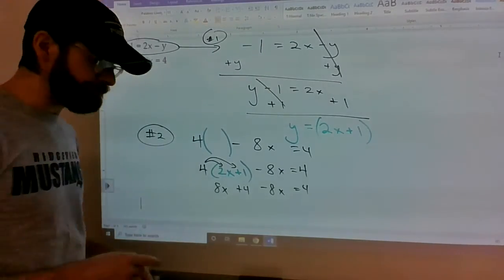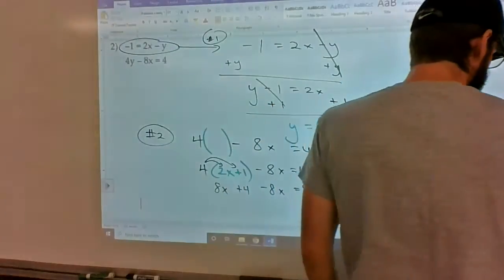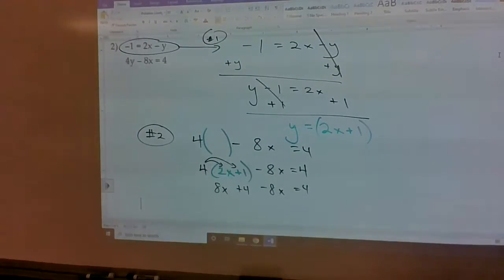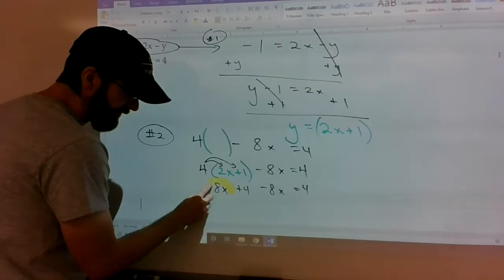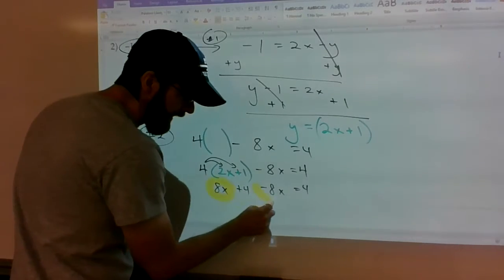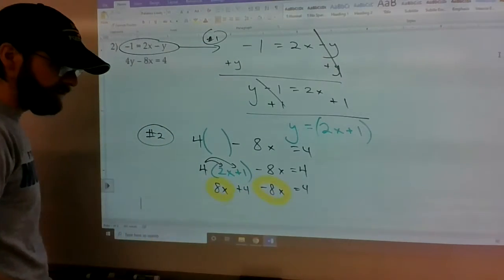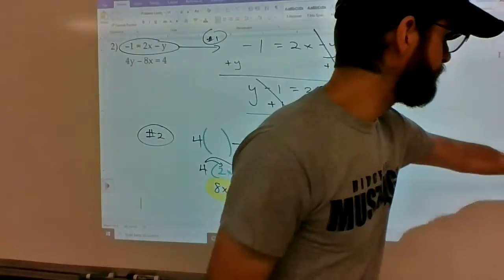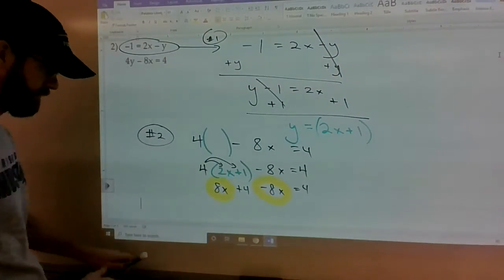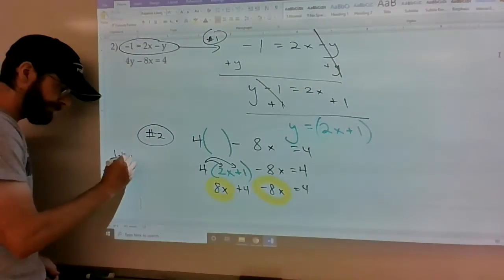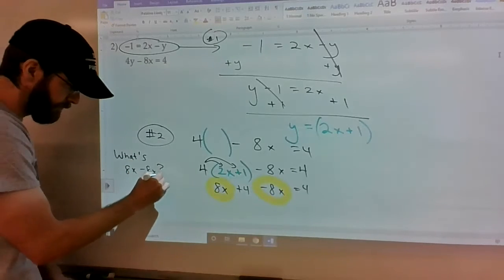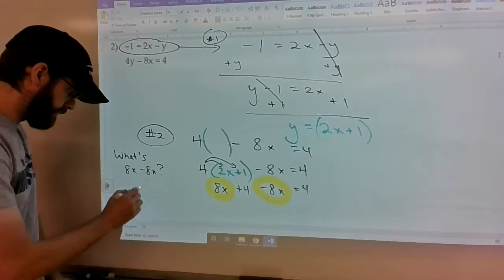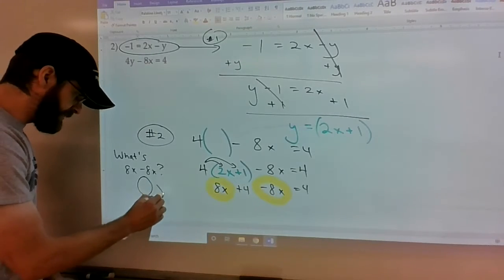Now at this point, this is where things get tricky. I've got an 8x here minus 8x on the same side of the equation. What's 8x minus 8x? 0x.